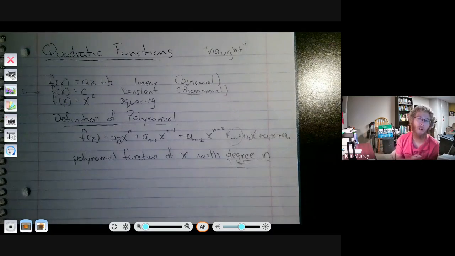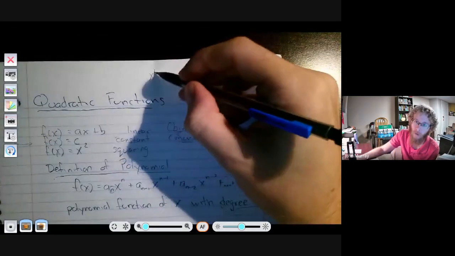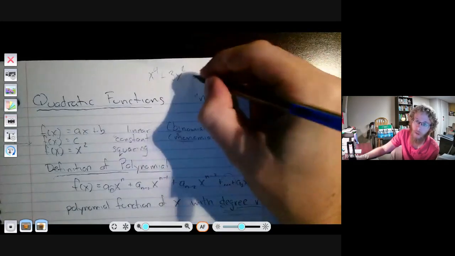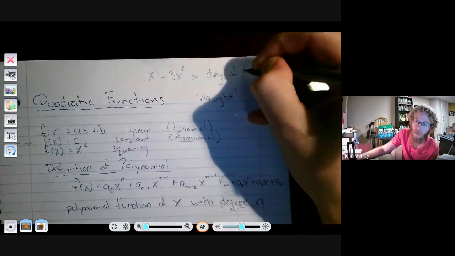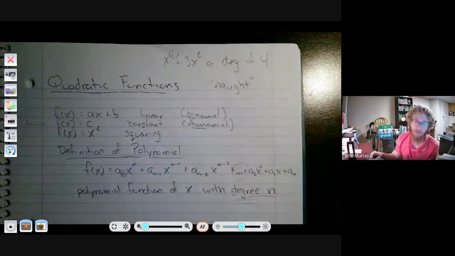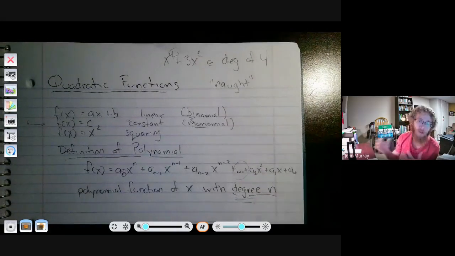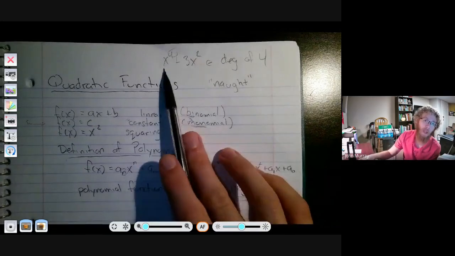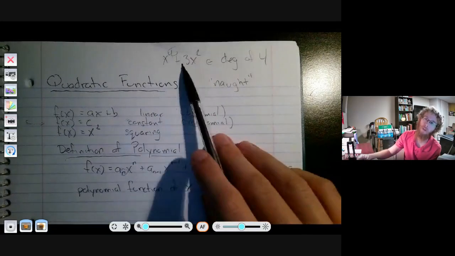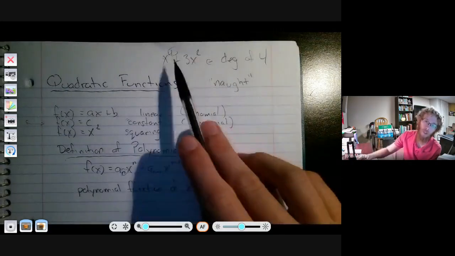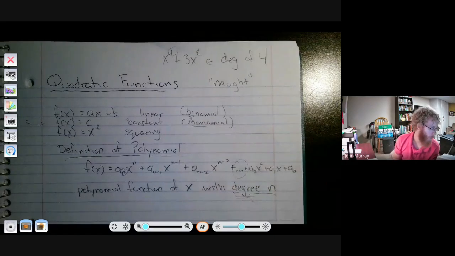Okay, so if you had x to the fourth plus 3x squared, it would have a degree of 4 because the 4 is the highest exponent. Okay, so that's pretty straightforward. So whatever the largest power is, that is the degree of the polynomial. So it doesn't matter, it could just be the x to the fourth by itself. It could be an x to the fourth followed by x cubed, x squared, x, and a constant. You're just looking at the largest exponent there.